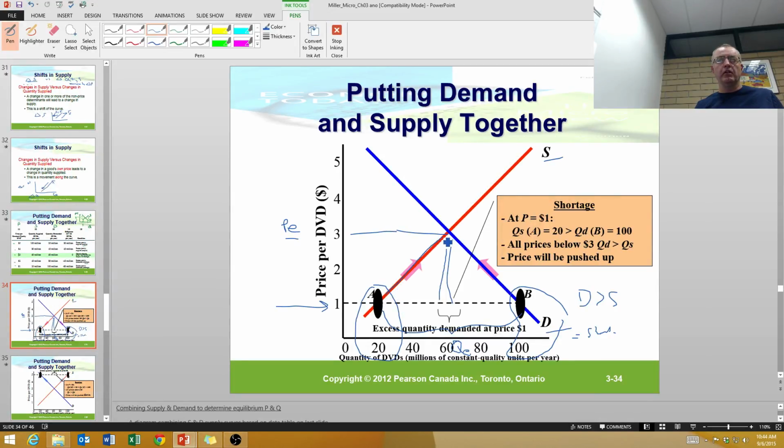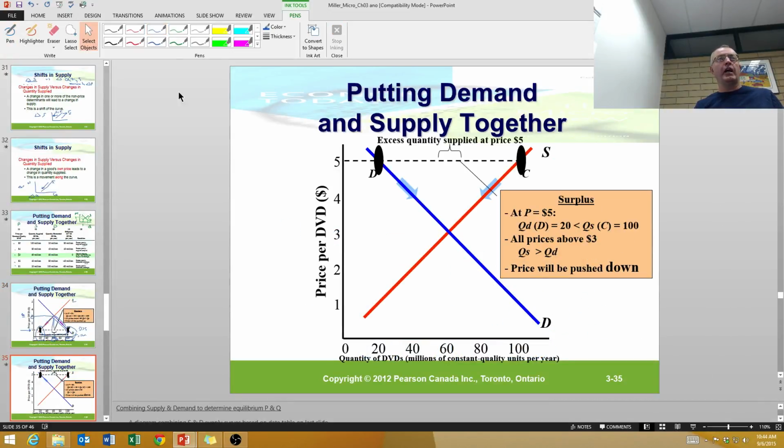Suppliers are going to move along their supply curve, and potential buyers are going to demand less. Here, at a price of $1, the market demands 100 million units, but at the price of $3, the market demands only 60 million units. So as the market price increases, demand is curtailed, and prices gravitate towards the so-called equilibrium price.